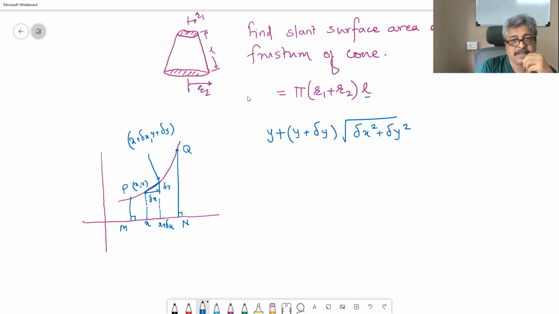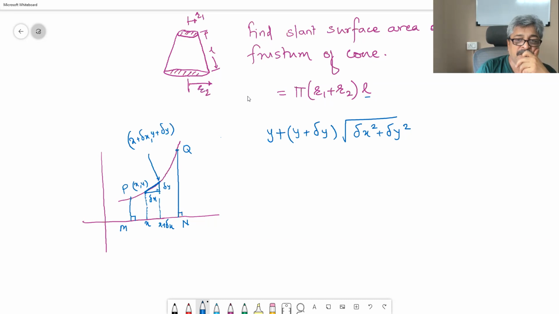This is the surface area of the frustum of a cone, the surface area of the strip under consideration.